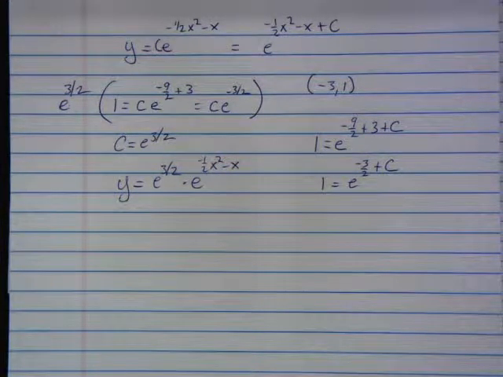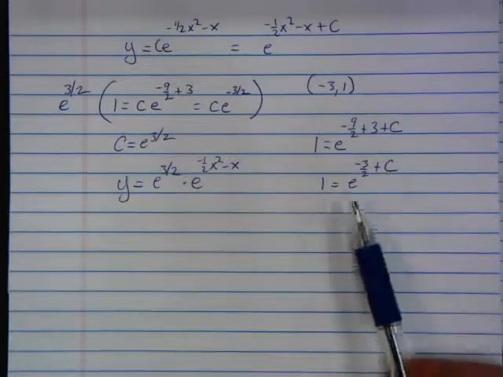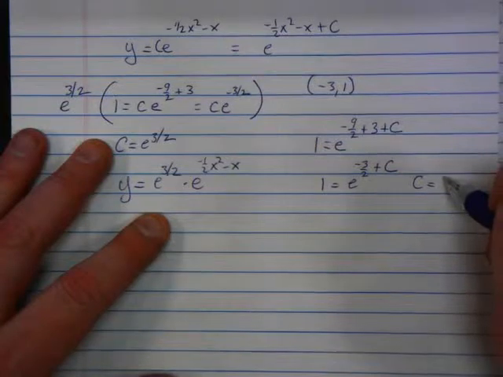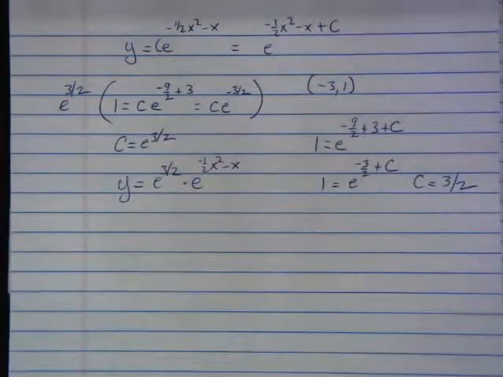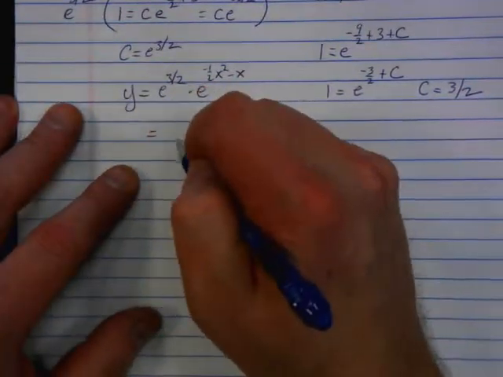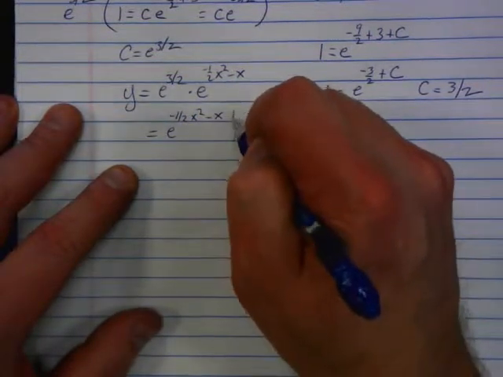So what number would c have to be there to make that work? Positive 3/2, because I would need -3/2 plus 3/2 to get 0. e to the 0 would give me 1. So again, I get a very different c number. In this case, c has to be 3/2. And then I would write my answer as e to the -1/2 x squared minus x plus 3/2.